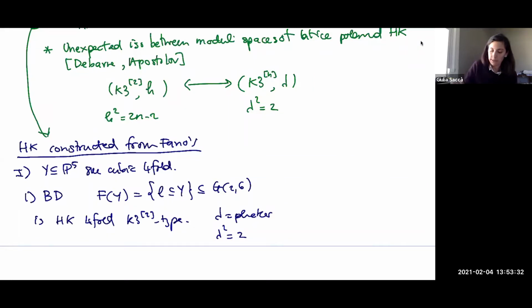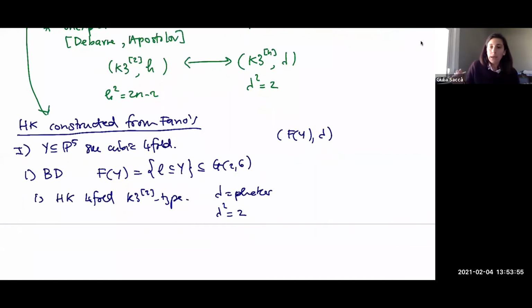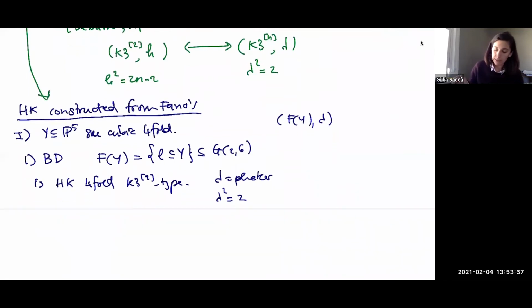Since cubic fourfolds deform in a 20-dimensional family, these F(Y) give the general element of polarized K3^[2] type with a class of square 2. So they're like the general point in the hypersurface.